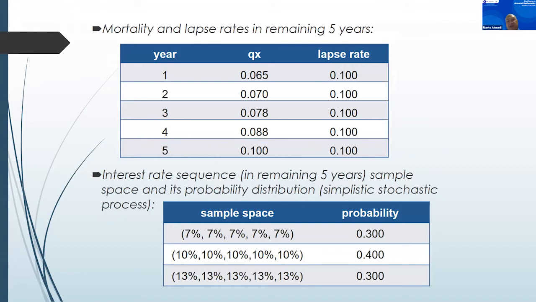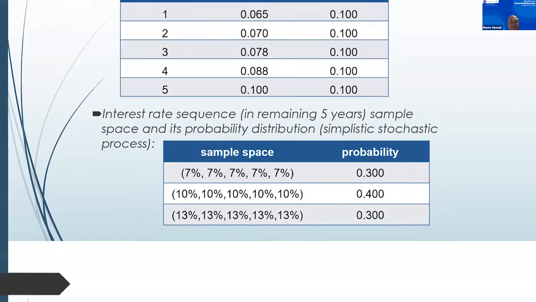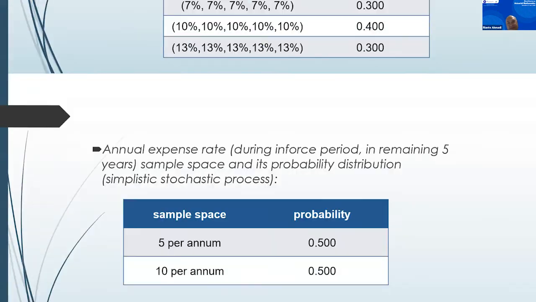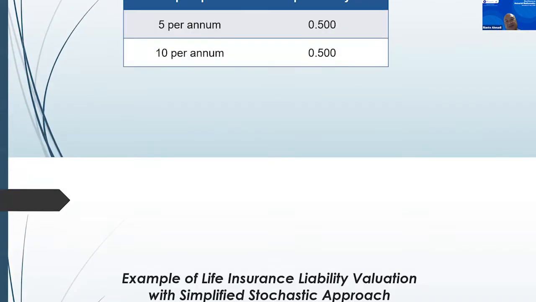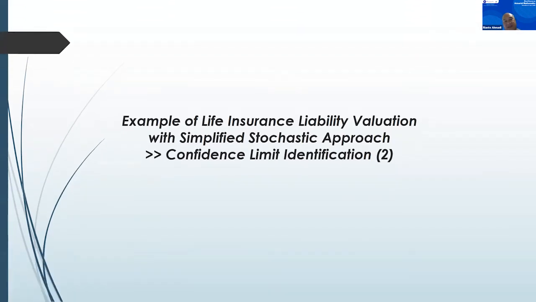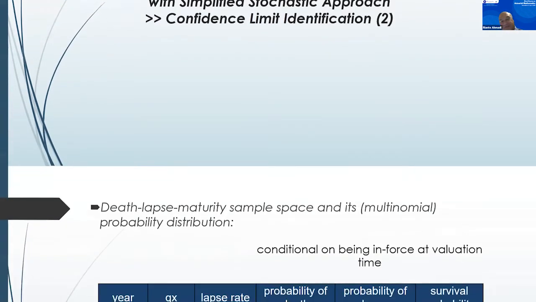And then the third one is the expense stochastic process. Let's get to the next slide again. So let's move on, we're going to summarize the sample spaces again. Move to the next slide.